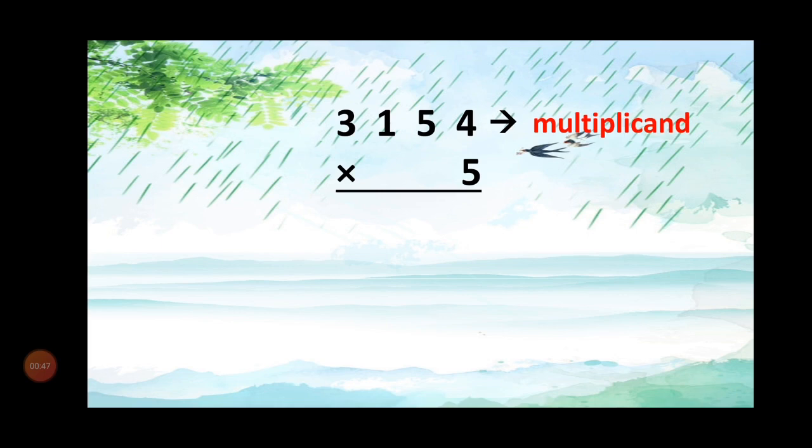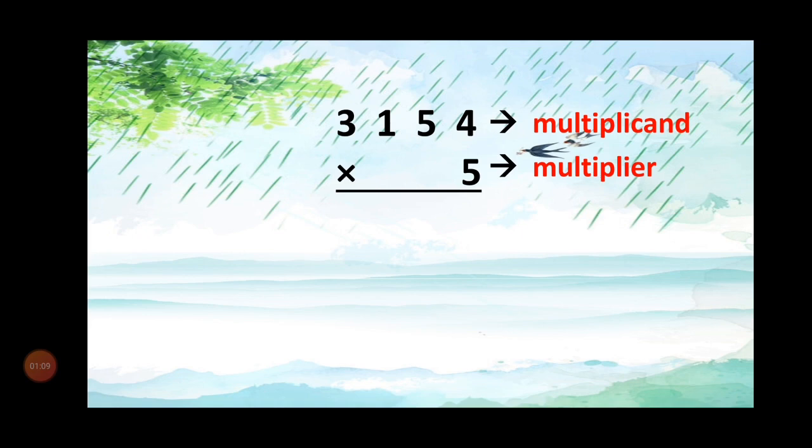The next one, second number, the number by which we multiply is called multiplier. That is 5, that is the multiplier. So we are going to multiply multiplicand into multiplier. We are getting the result.